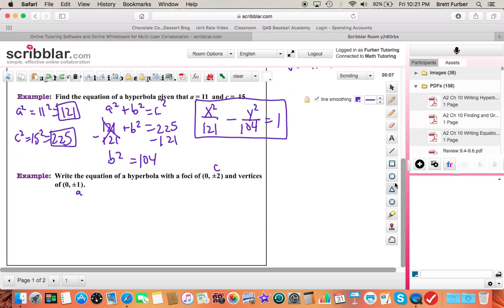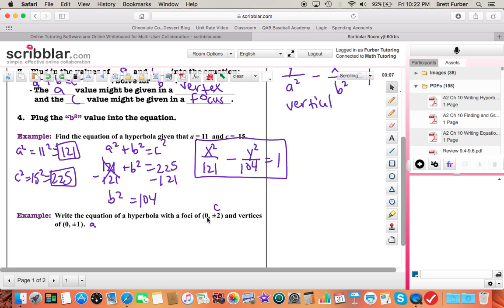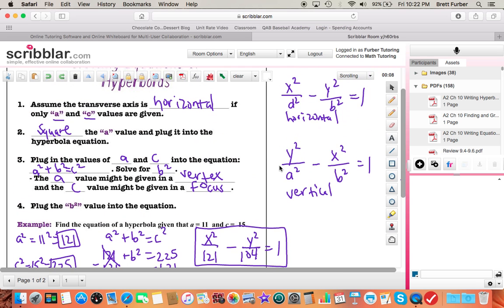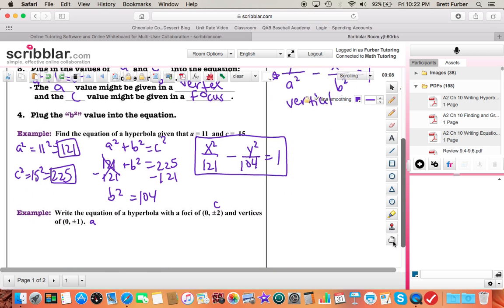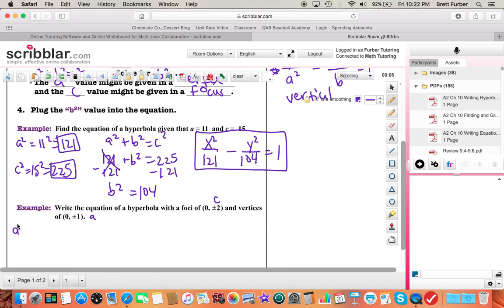Now the next one, I'm actually going to have to look at and determine whether it's horizontal or vertical. If you look at where the values are written, both the foci and the vertices are on the y-axis. So if they're on the y-axis, then it's going to be this formula that we're going to use, this one here. So I'm going to have the y squared on top. a squared is found by taking the value of a, which is 1, and squaring it.